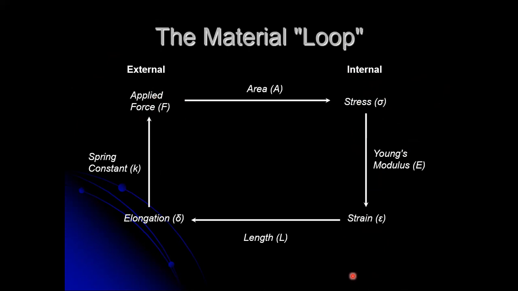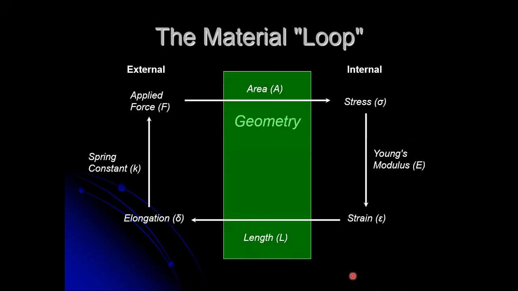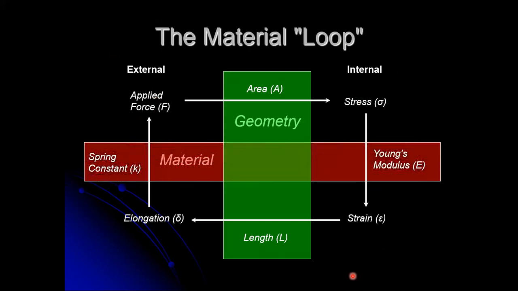Now, I've added in two other things here. Shaded right there, the vertical is what is connecting the external and the internal views together. That's geometry. It's all about area and length, cross-sectional area and overall length. The horizontal, connecting the influence to the response, essentially the force to the stretch or the stress to the strain, that's all about material.